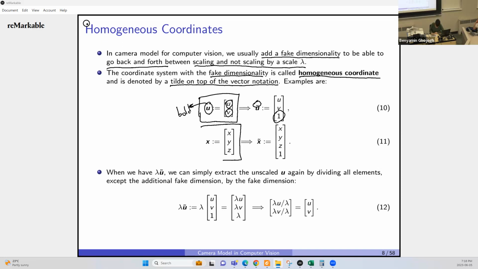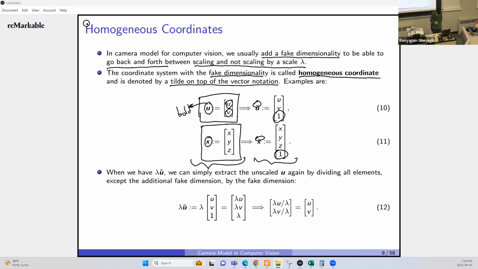Also, consider the 3D object X, Y, Z. I can denote it as a bold vector X, then with tilde, I add a fake dimensionality. So here we have the Cartesian coordinate system. Here, these are in the homogeneous coordinate system. I think so far it's clear.